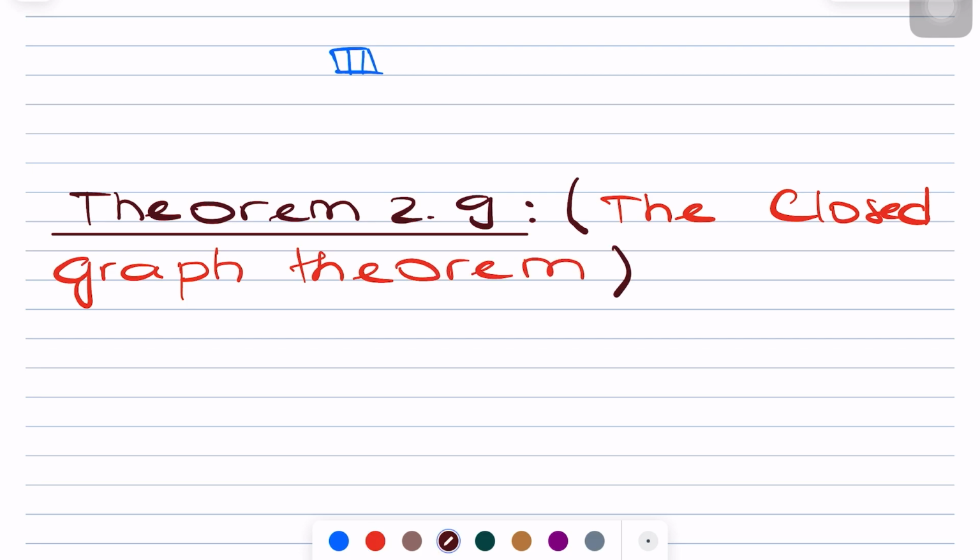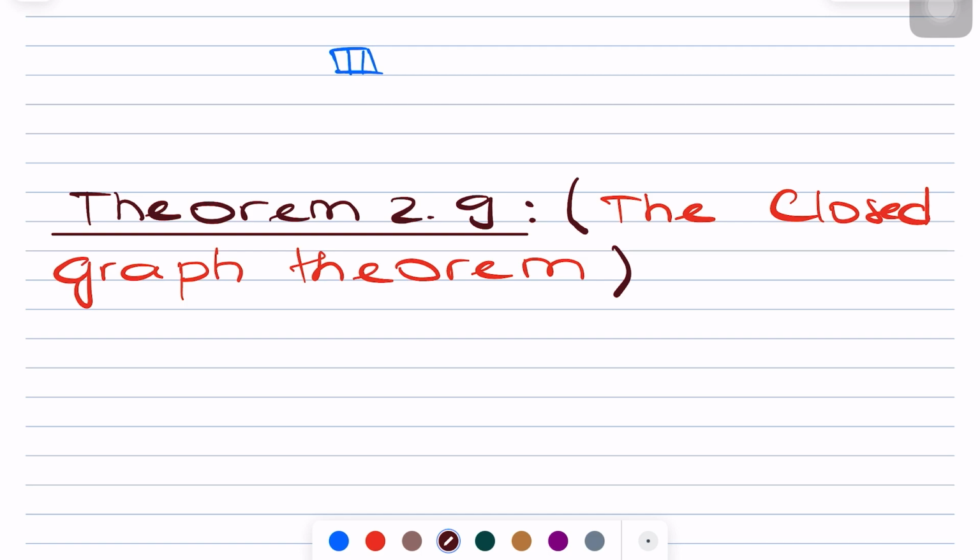Okay, so before stating the theorem, let me try to motivate it a bit. Consider you have a mathematical function that connects input values to output values.